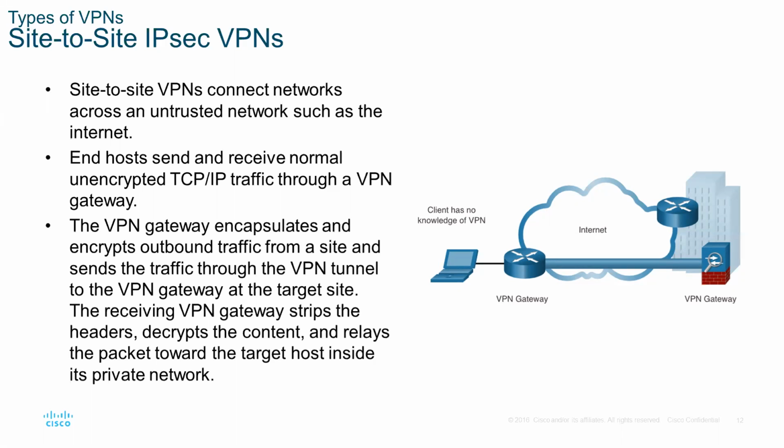The VPN gateway at the other end is responsible for stripping and decrypting all the additional VPN headers and forwarding the packet towards the host destination inside our private network again.